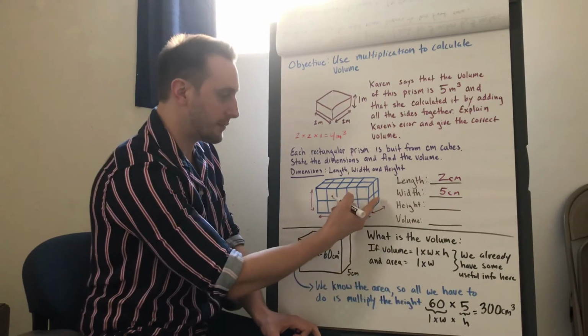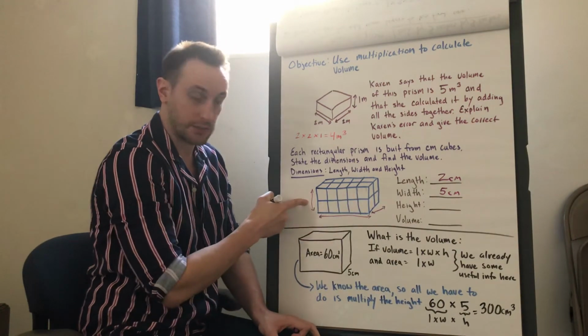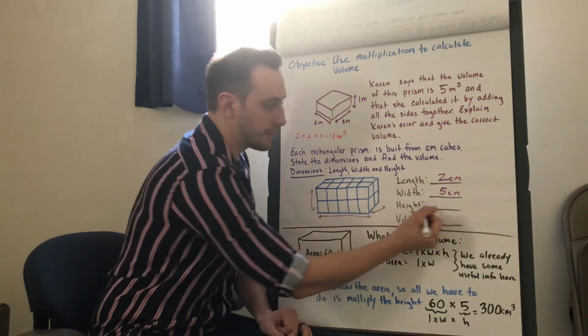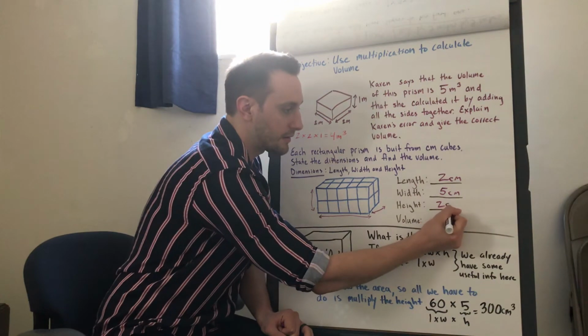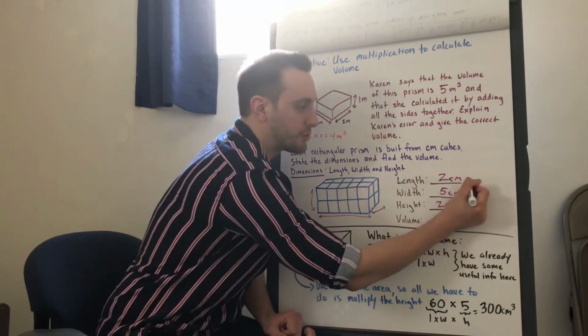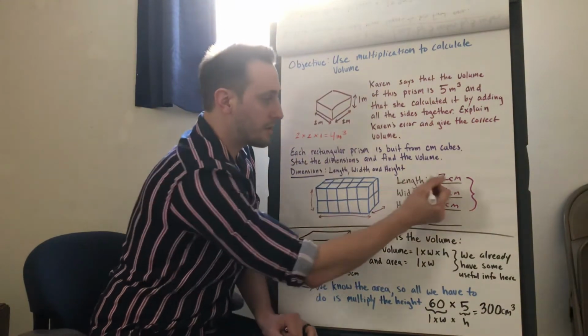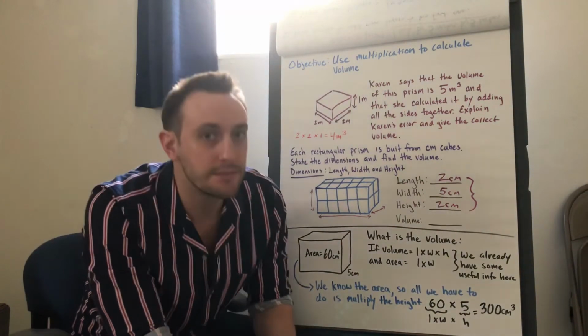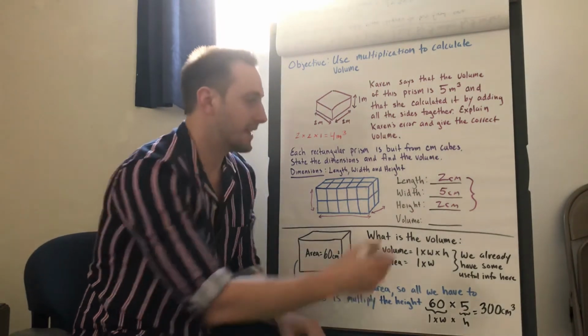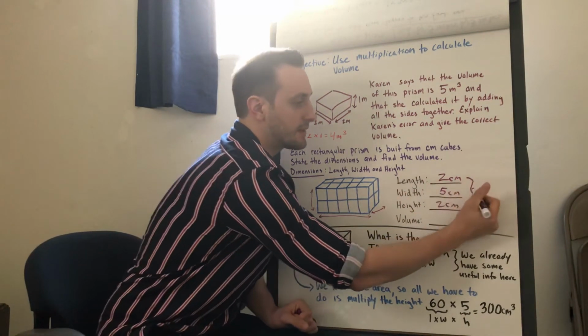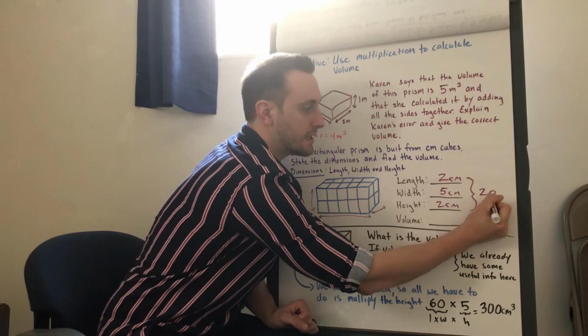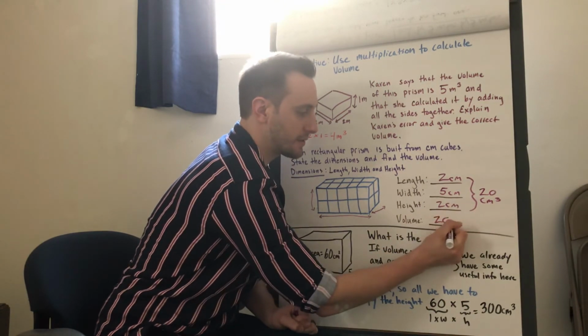And the height, we're going to count up now, just like the arrows show here. 1, 2. And now we have to multiply them. 2 times 5 is 10, and then 10 times 2 is 20 centimeters cubed, and I'm going to put my answer right there.